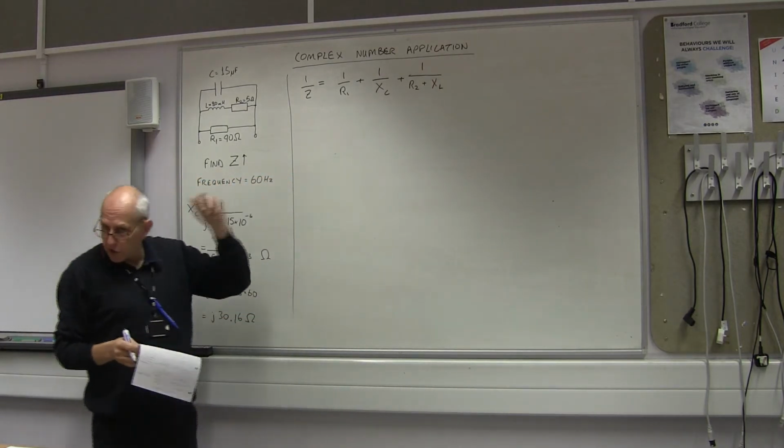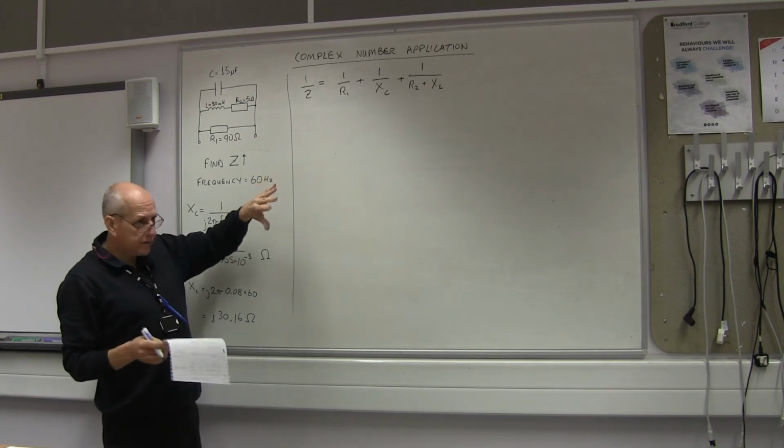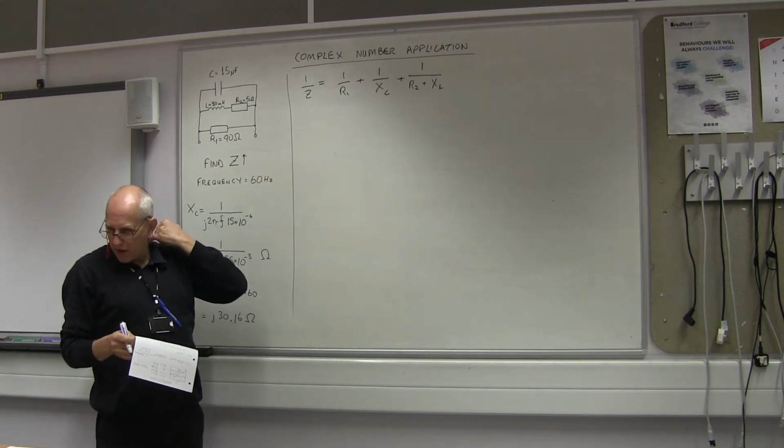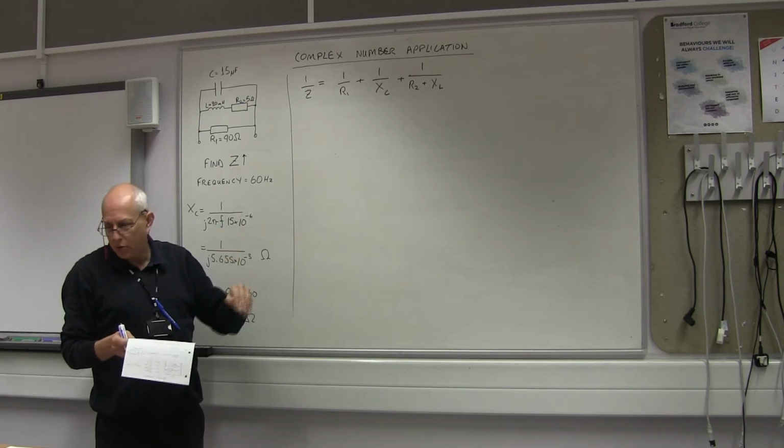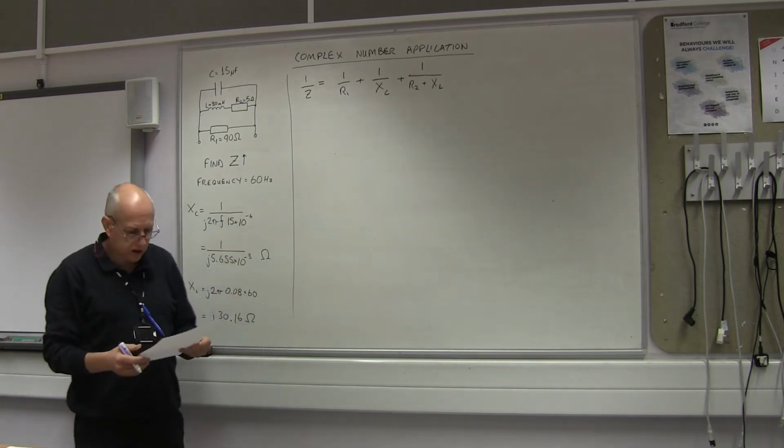Once I've solved it using complex numbers, I have to invert my answer. It's a little bit long-winded by hand, but it's quite quick if you use software to do your calculations.